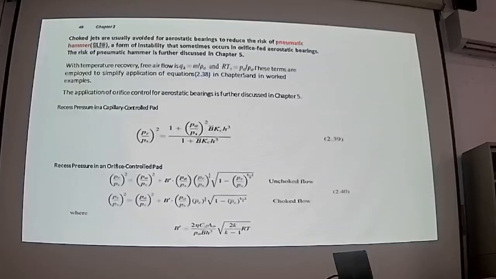Before, when you calculated the recess pressure or mass flow rate for the air bearing, you needed time to wait for the result. Maybe 3 or 4 hours. But now it's really not a problem with the GPU and the computer. You can get the result in maybe just a couple of minutes.